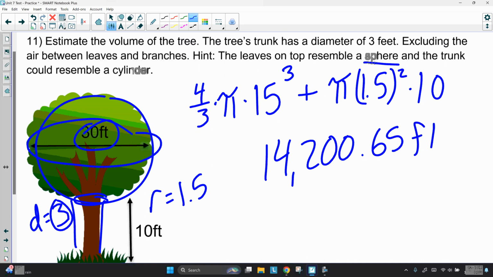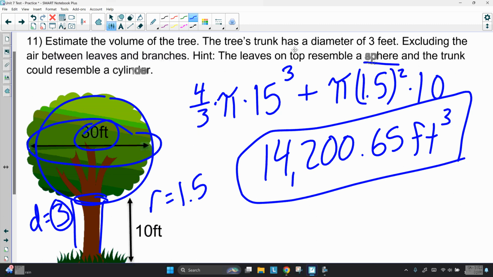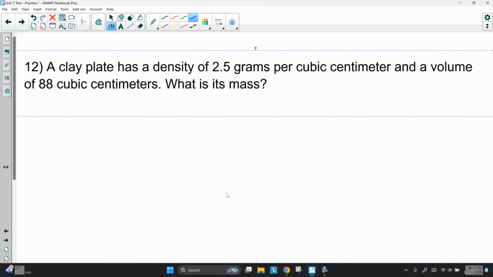Alright, let's see what's next. Density. A clay plate has a density of 2.5 grams per cubic centimeter. Sorry, the computer is lagging again.